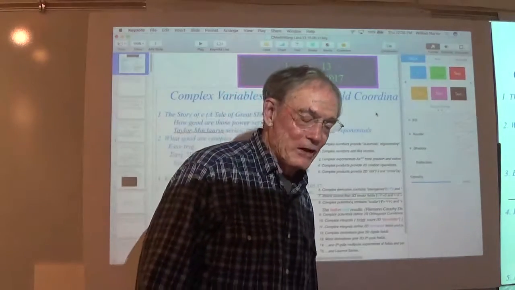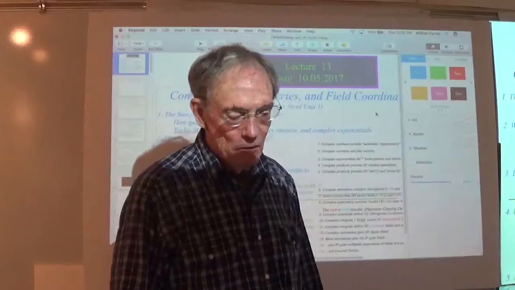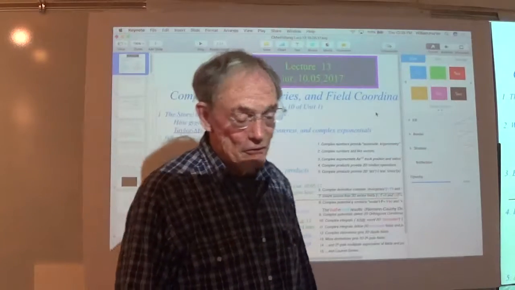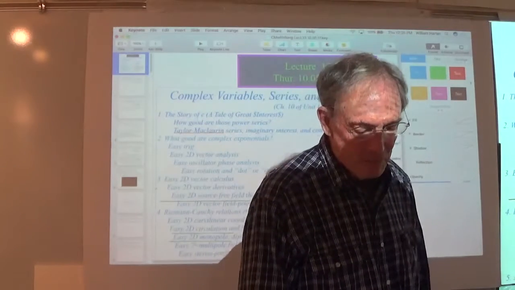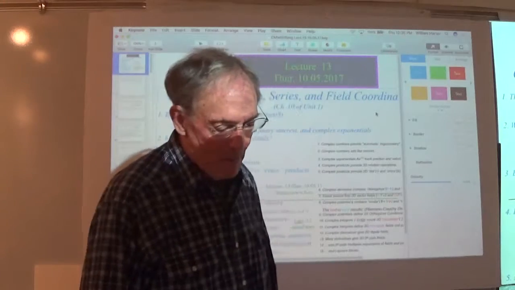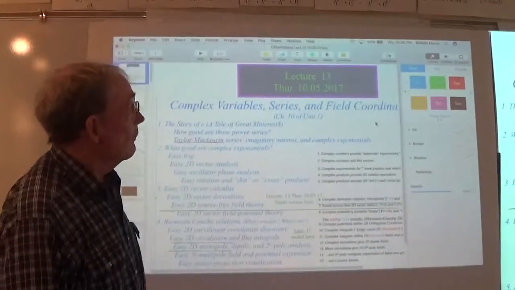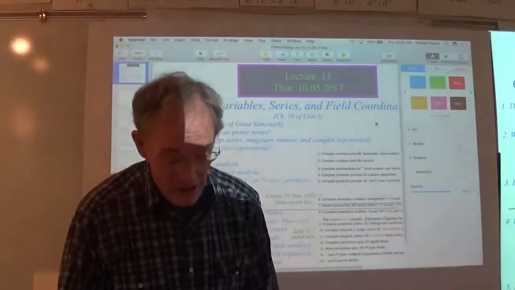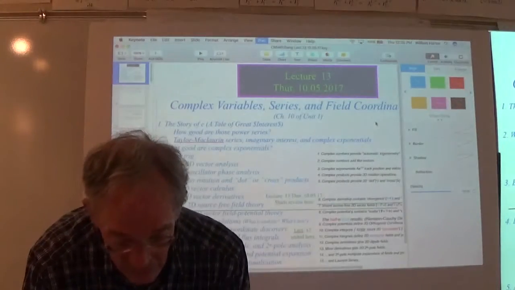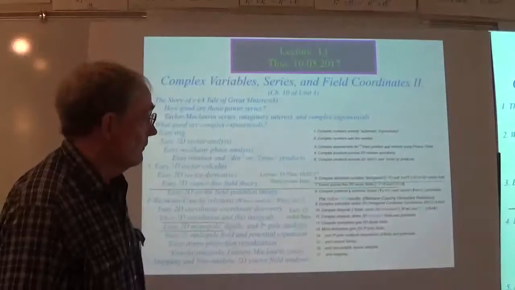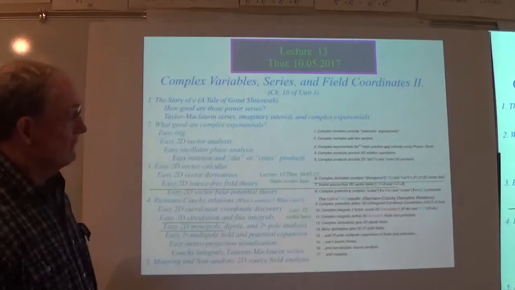Okay, the second half of this lecture 12-13 coupling. And you need to go ahead and review a little bit of what we had there. And let me get that one set as a graphic.